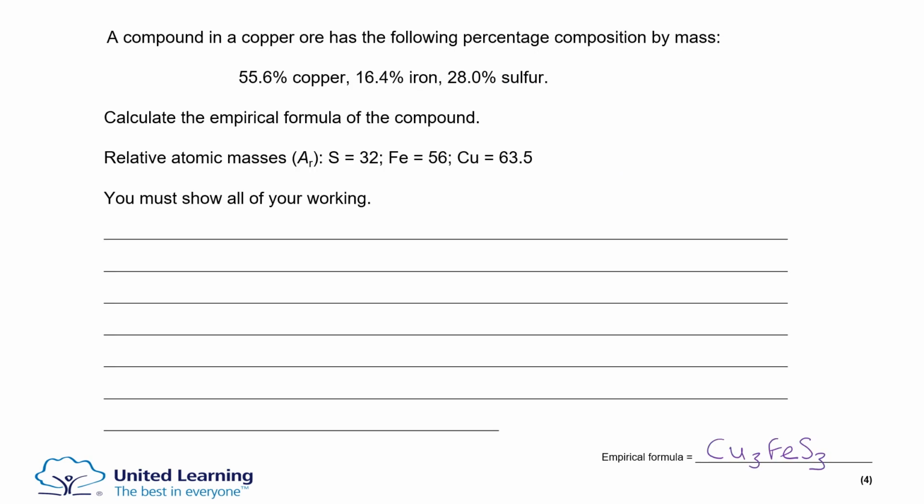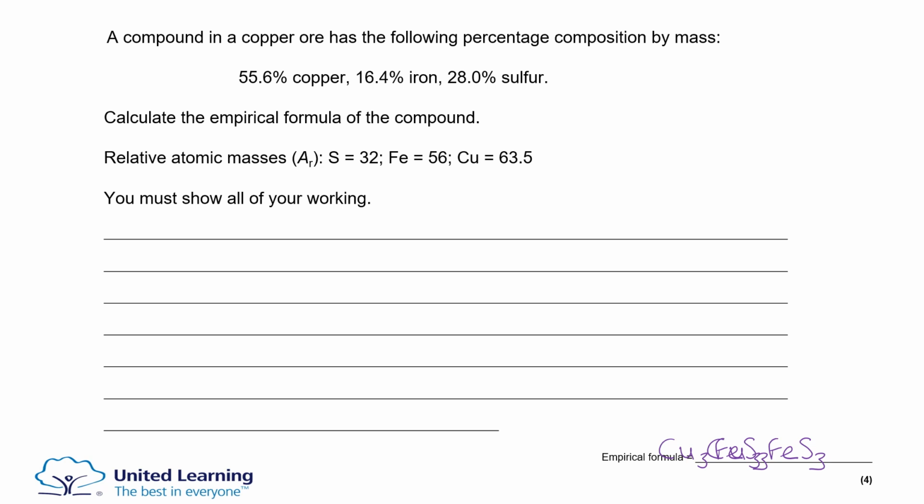Finally, another calculation that sometimes crops up is empirical formula. And all it is, is the simplest whole number ratio of atoms in the compounds involved in the formula for that compound. In this case, a compound in a copper ore has the following percentage by mass of copper, iron and sulfur.